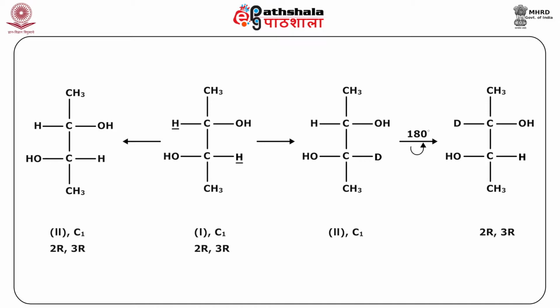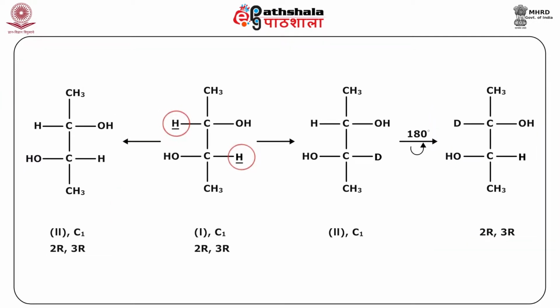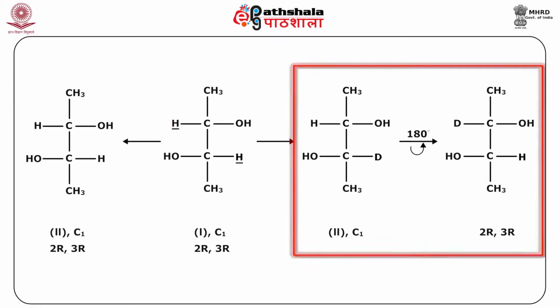The two methyl hydrogens in the plus and the minus forms of dimethylethylene glycol are also homotopic since their respective displacement by a deuterium leads to the identical product. As shown here in figure 3, the replacement of either of the two hydrogens gives the same product. In one case, it can be seen that molecule 2 can be converted into the same molecule by rotation by an angle of 180 degrees.